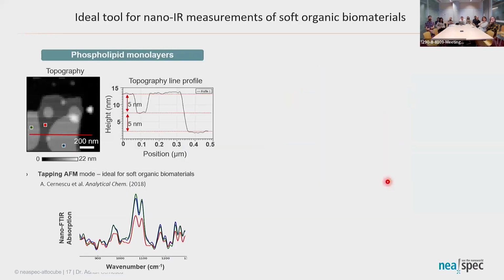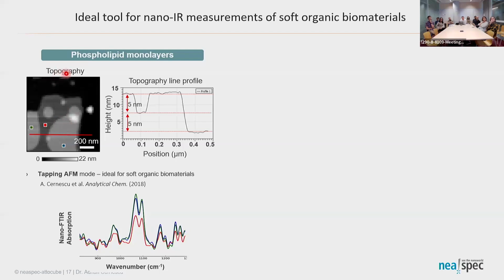Now, not only polymers, but also organic biomaterials can be measured. And these are some results which I measured a couple of years ago. Here I would like to say that it's possible to scan very soft organic materials. These are lipid bilayers.